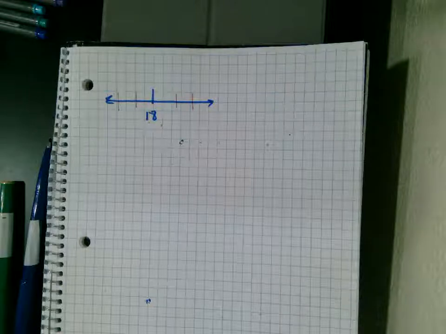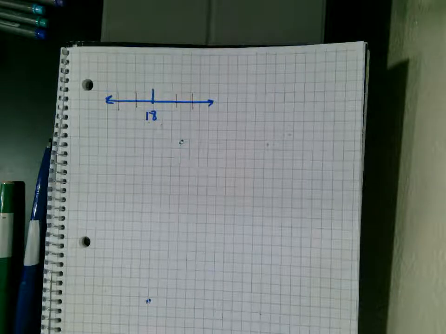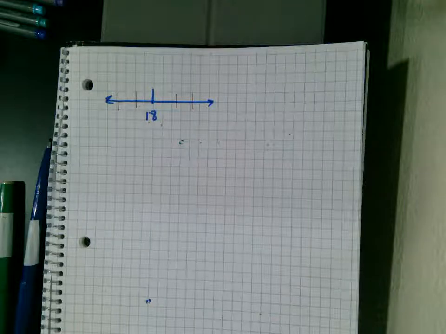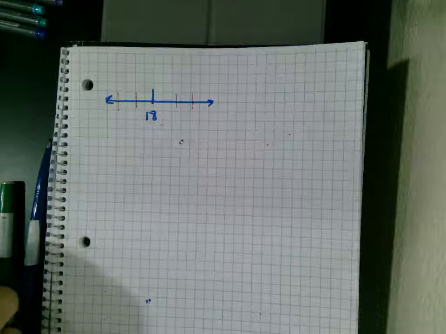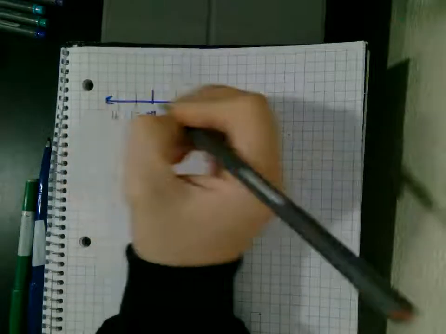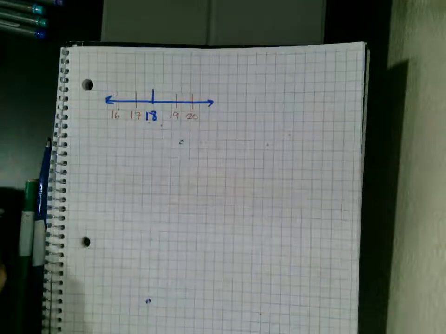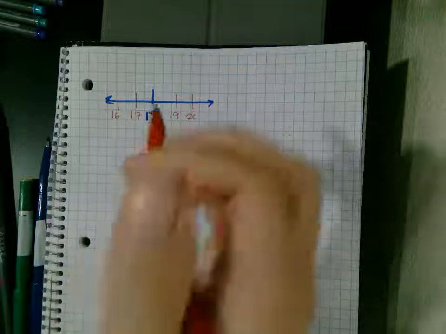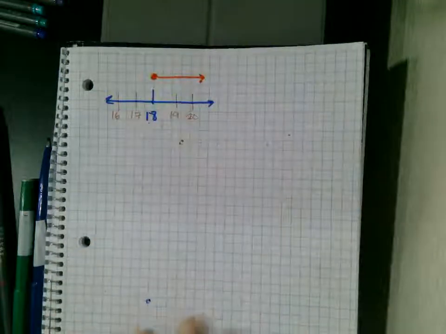Okay, so hopefully you did 17, 16, 19, 20. All right. Now we're going to have a closed circle and shade to the right.